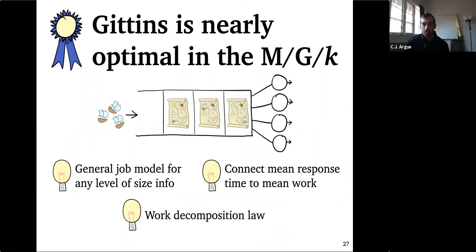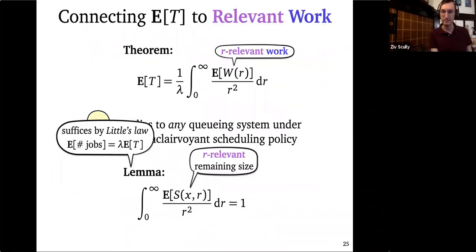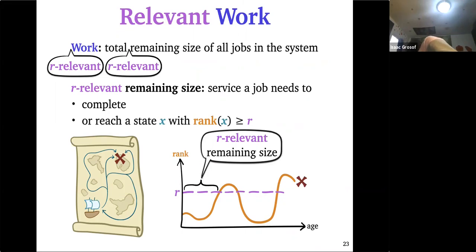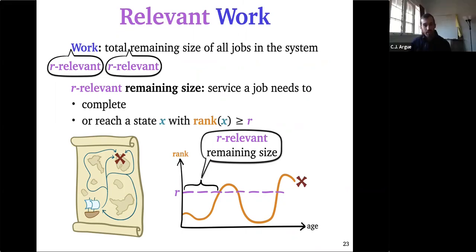Ziv, can I ask a question back on the slide defining the relevant rank? When you're drawing this graph, are you imagining that there's some job whose size is fixed, and the algorithm doesn't know its size, but the analysis does know its size?